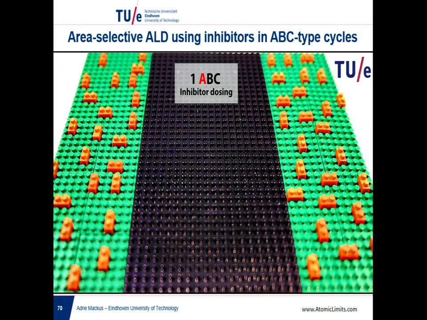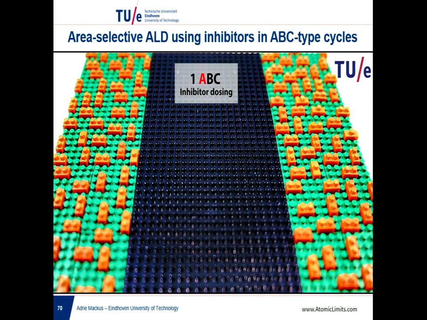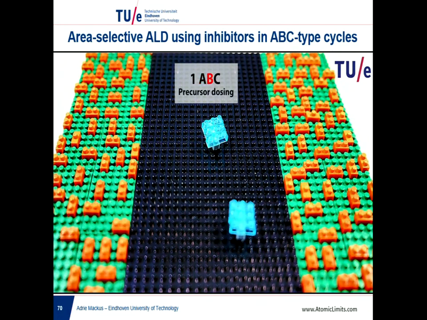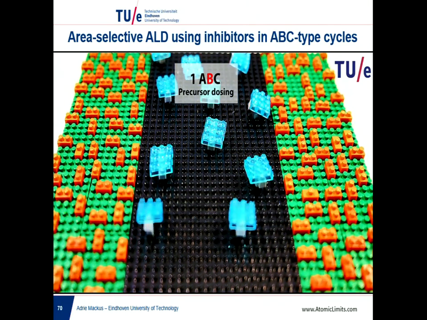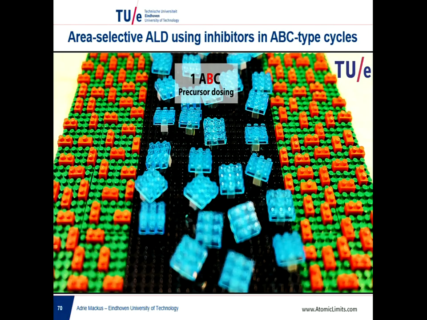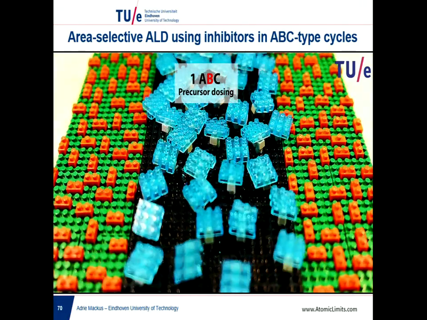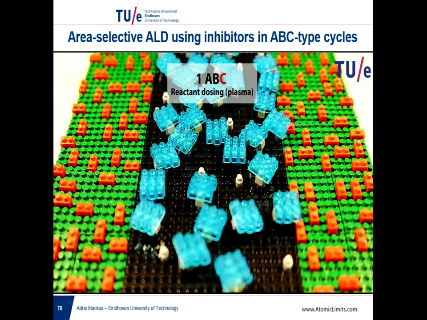So we're looking here at 2 different regions. The black is the growth area, this is the non-growth area. The inhibitor, you see that it selectively adsorbs, at least in the Ghent version, on the non-growth area. There we dose the precursor. And the idea is that these inhibitor molecules should block the adsorption of the precursor, such that we only get adsorption of the precursor at the growth area.